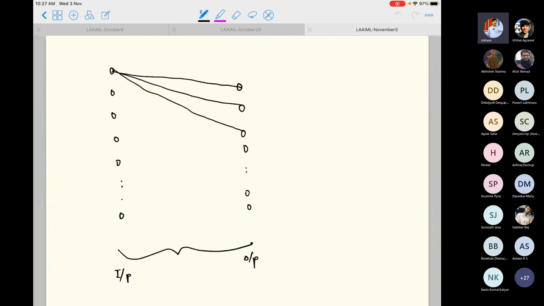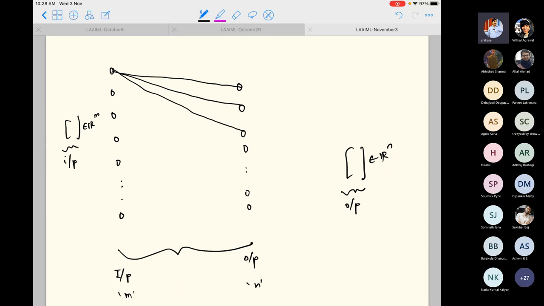N cross M. So suppose there are N output nodes and M input nodes. Your output is a vector of size N, and this is the input, which is a vector of size M.